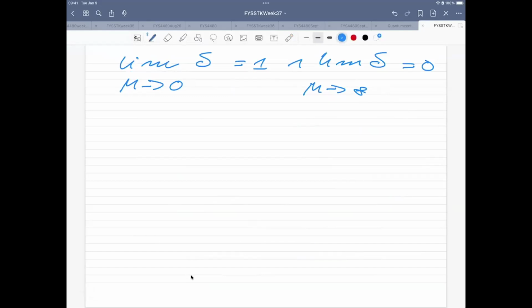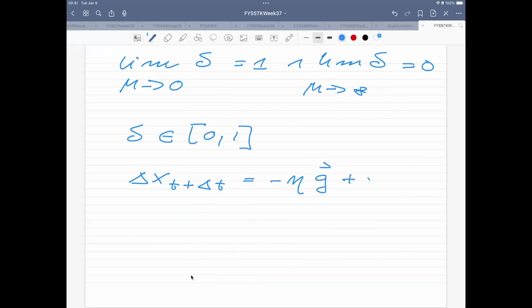So what we could say then is that this delta is a constant which lives between 0 and 1. Now we are going to rewrite the equations a little bit. So what we have now is delta x of t plus delta t is equal to minus this parameter eta times the gradient, plus delta times delta x of t.